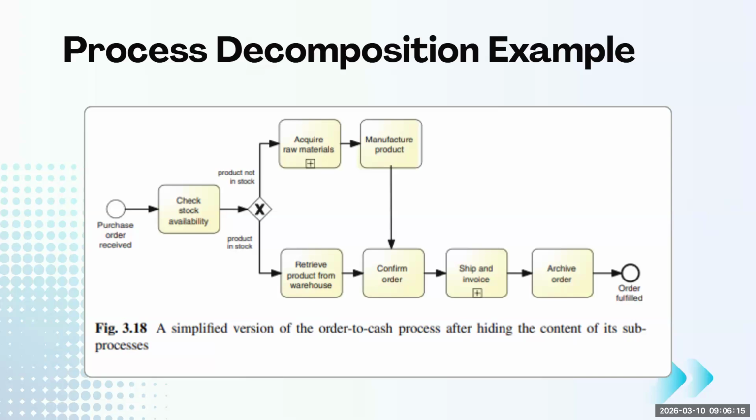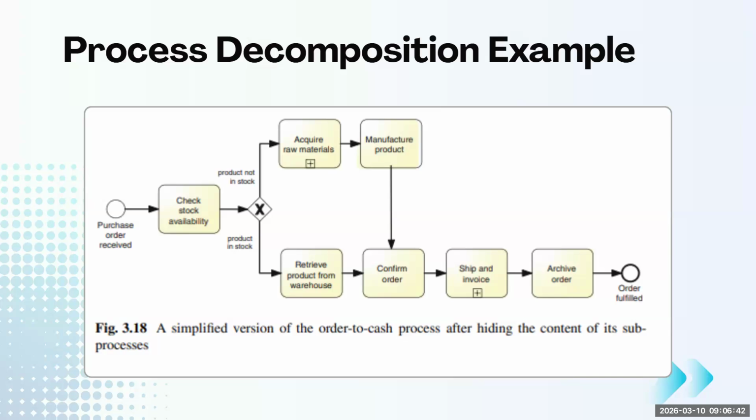This diagram shown here illustrates an example of process decomposition in an order to cash process. The process begins when a purchase order is received. The system then checks stock availability. If the product is not in stock, the process may include acquiring raw materials and manufacturing the product.